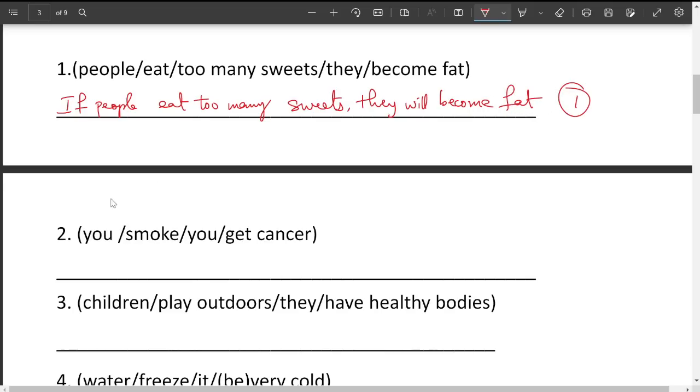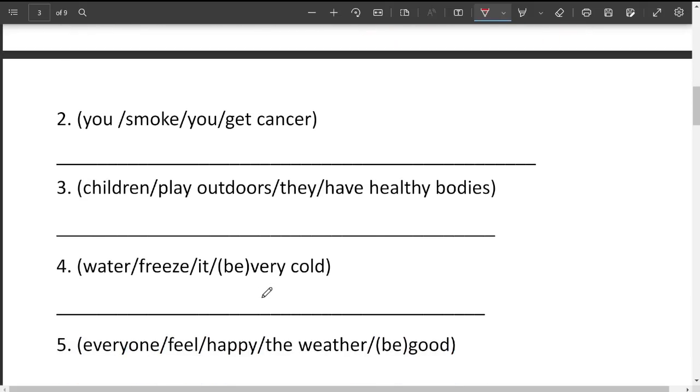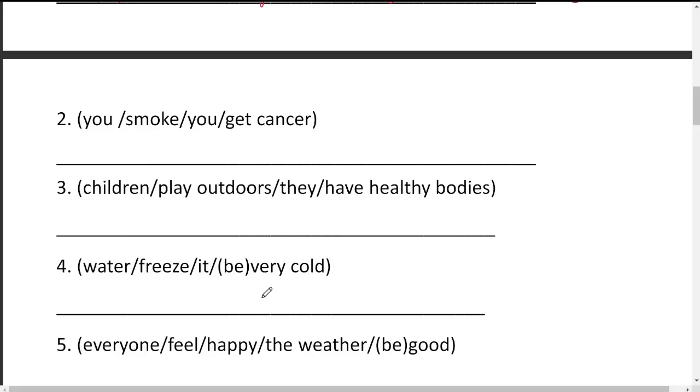Clear? Next one. You smoke, you get cancer. If you smoke, you get cancer, right? So what can we use here? If you smoke, that is the first clause, we can write it as you will get cancer.